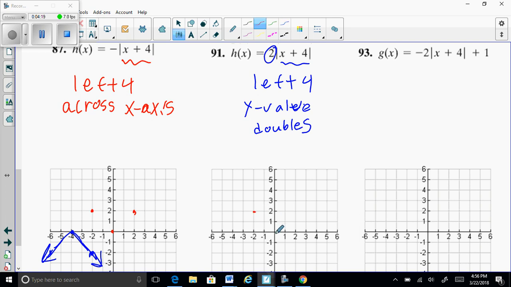So start out with those points again. And so we'll go left 4, and then my y value was 2, and we'll double up to 4. Left 4, and then doubling 0 stays at 0. Left 4, and then you double the 2 up to a 4. And there we go.